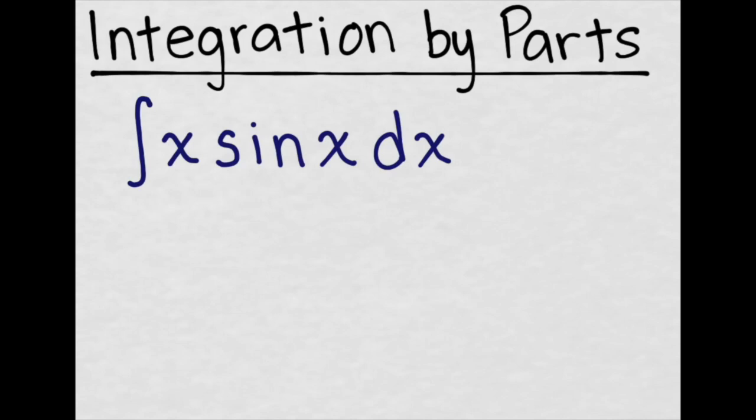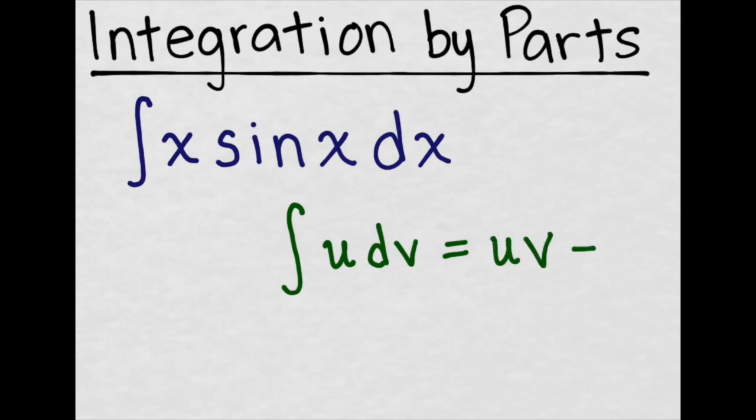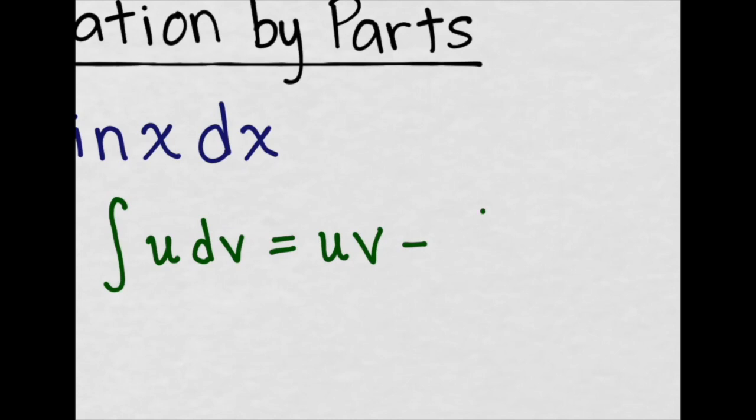There is a formula for integration by parts, and it is the integral of u dv equals uv minus the integral of v du.